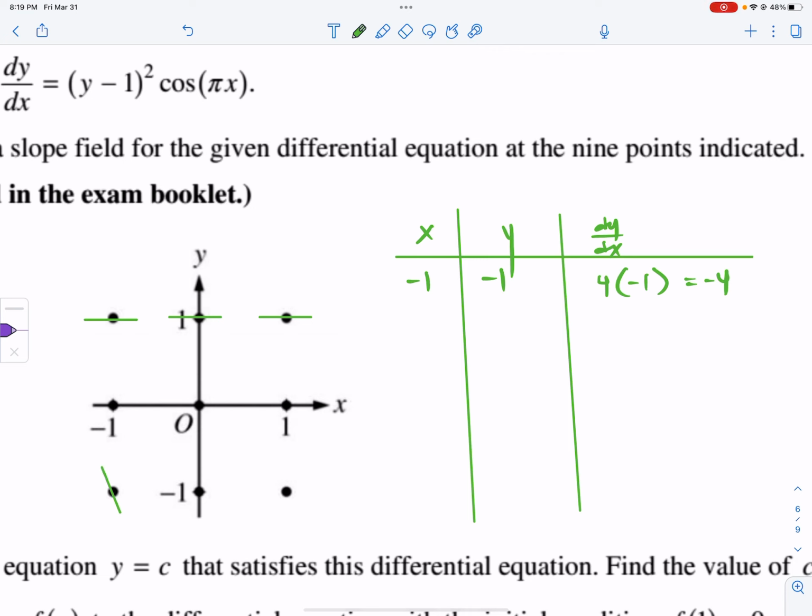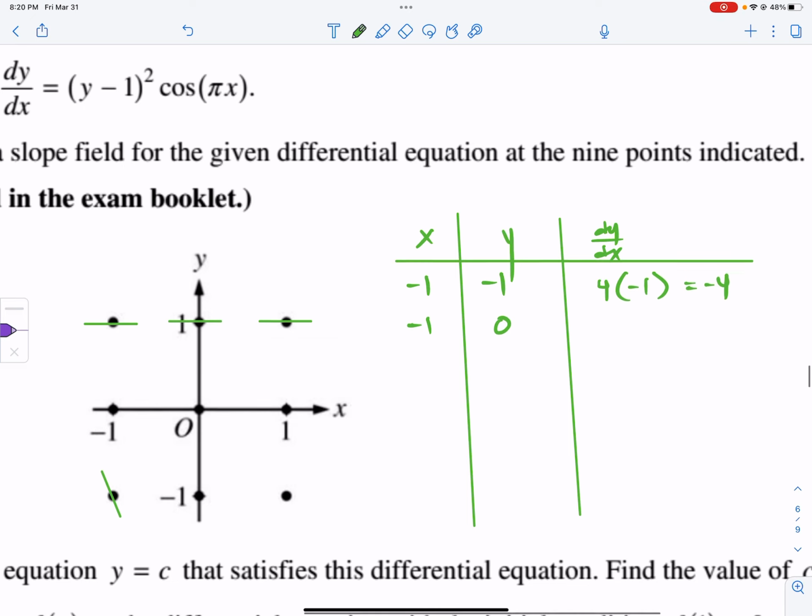So pretty steep slope. And then -1, 0. Oh, sorry, -1, 0, sorry.